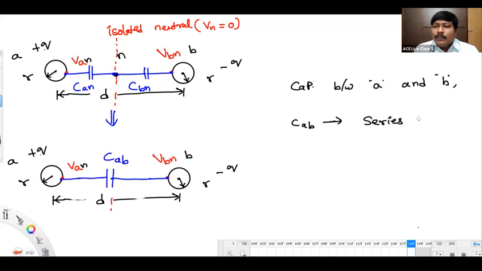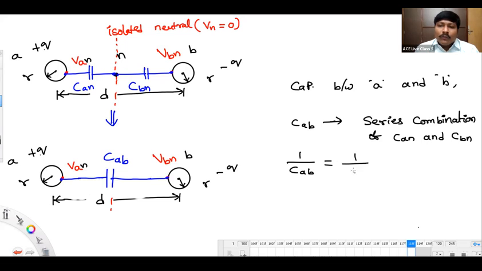If we take the series combination of CAN and CBN, I can say 1 by CAB is equal to 1 by CAN plus 1 by CBN. How are these two numbers, CAN and CBN?